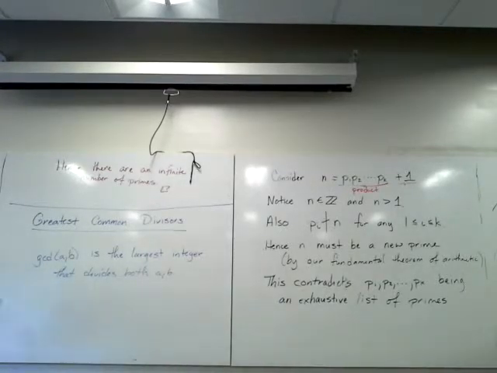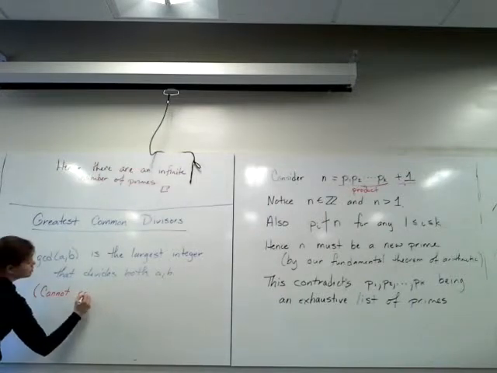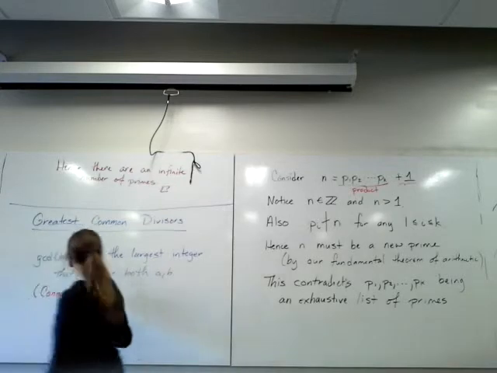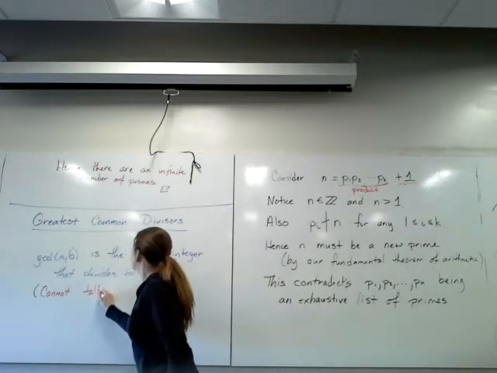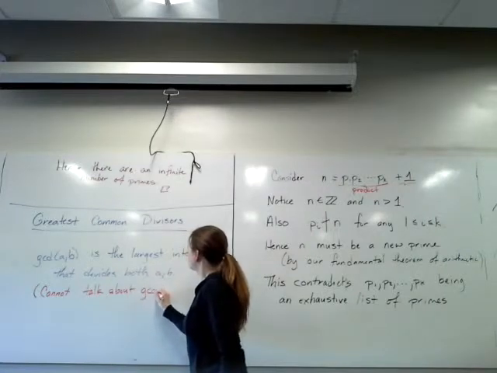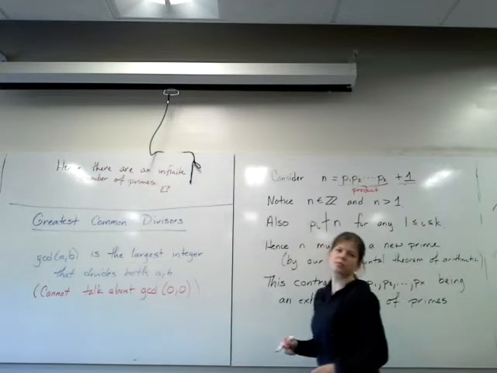Alright, so greatest common divisor, the largest integer that divides both of these. Because of that, we cannot talk about our GCD of 0 in itself.